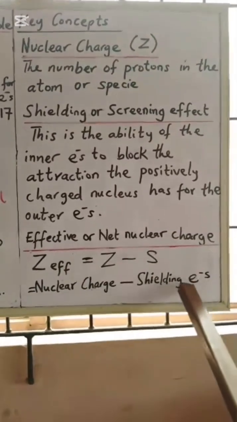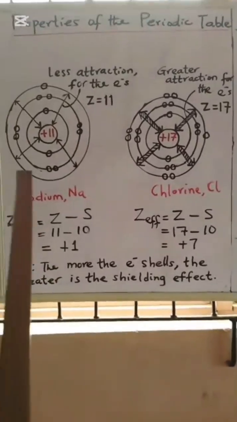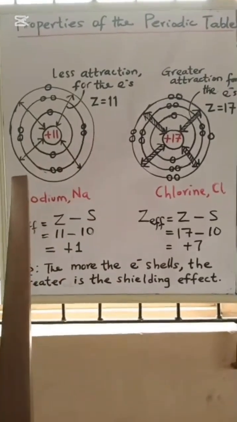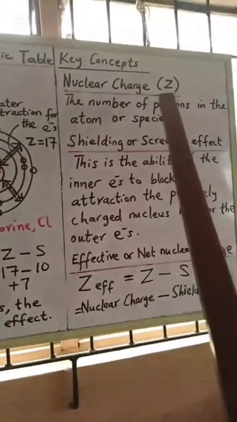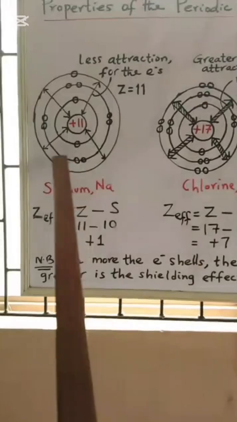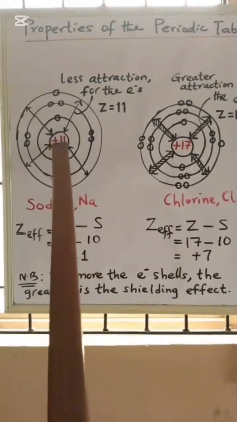How many shielding electrons do we have? Let's look at these 2 elements, sodium and chlorine. Let's start with sodium. Nuclear charge is the number of protons in the atom or species. So sodium has a nuclear charge of 11, 11 protons right there in the nucleus.